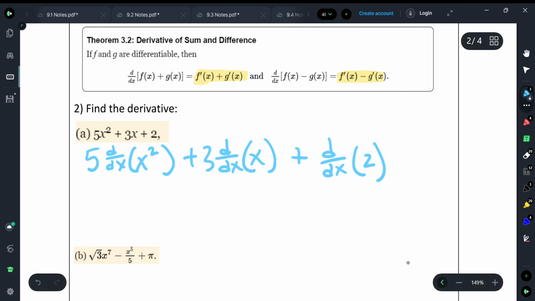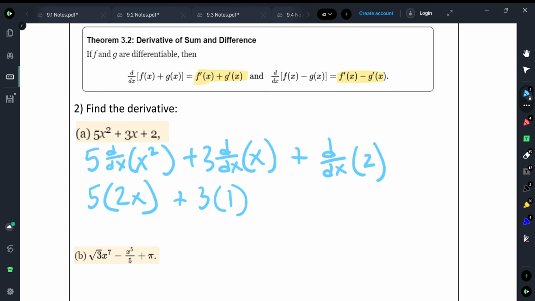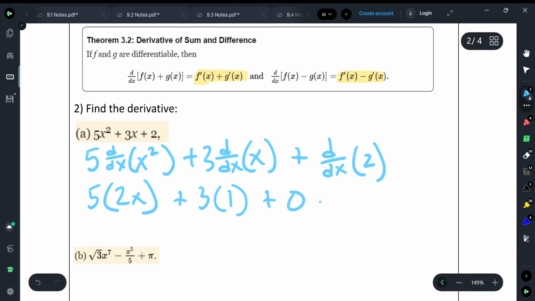All right, so now what do I have? I have 5 times 2x. The derivative of x squared is just 2x. I have 3 times the derivative of x, which is just literally 1. That 1 power comes down. 1 minus 1 is 0. X to the 0 power is just 1. And the derivative of any constant, you know, is just going to be 0. Right? So my derivative is just going to be 10x plus 3.